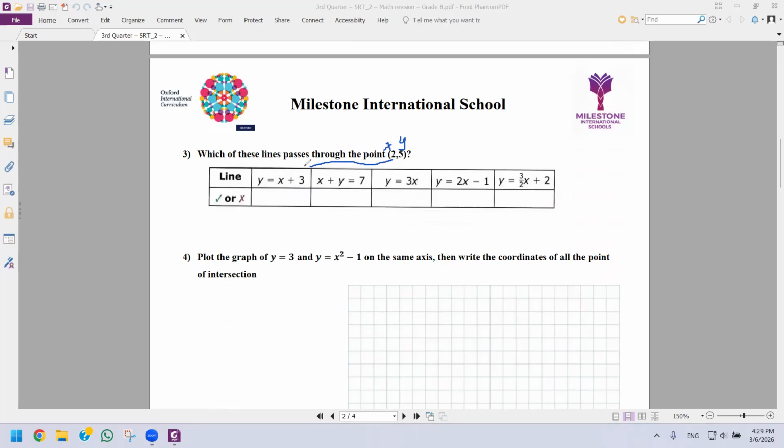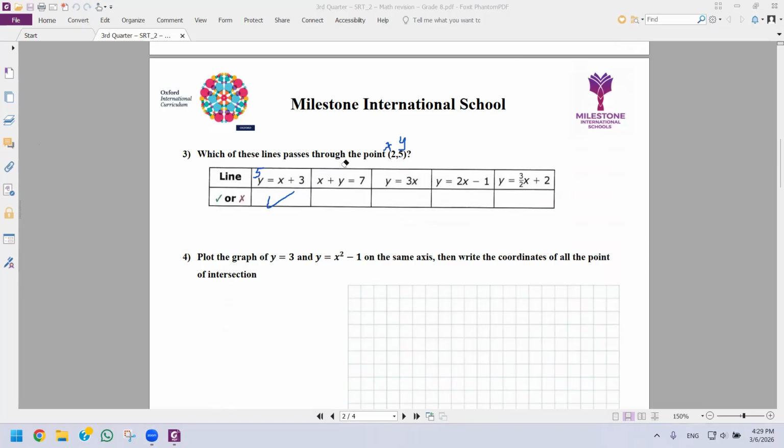You need to take the x value, put it in the equation. What is it? 2. Now say 2 plus 3 is equal to 5. Now let's check, is the y value 5? Yes, it is 5. So this point satisfies the equation, which means this line passes through the point.